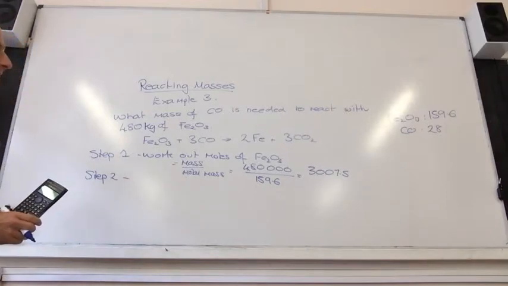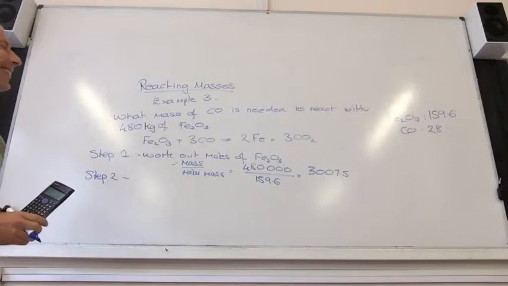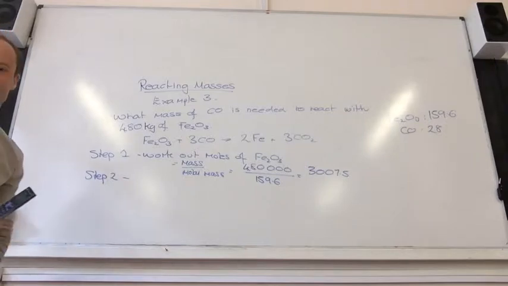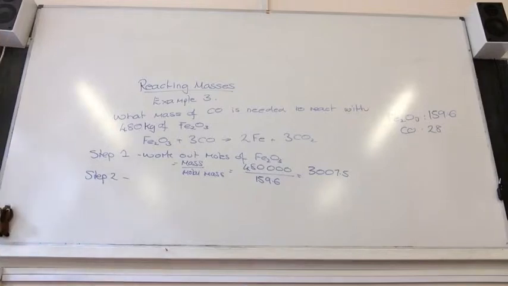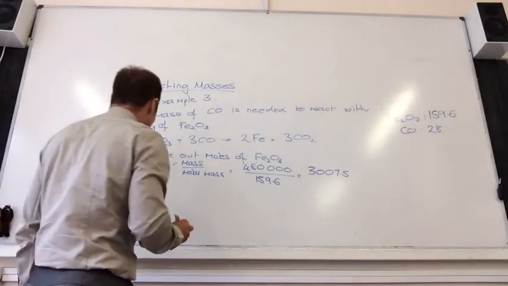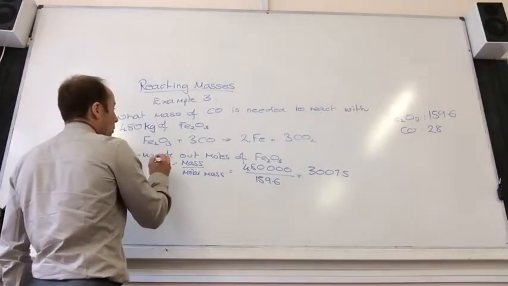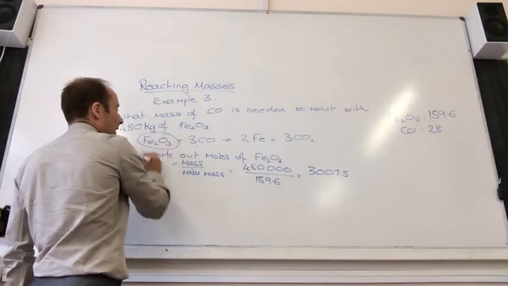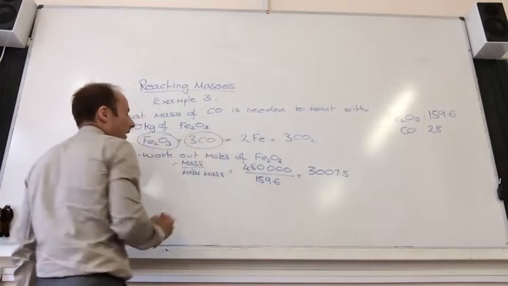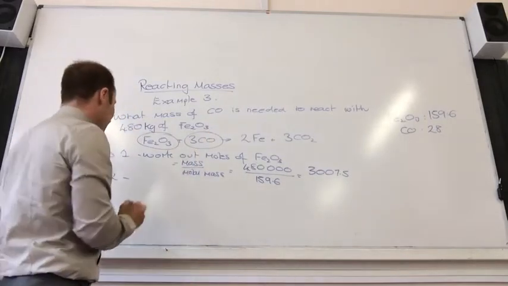That's fine. The thing I'm going to do is look at the equation and work out my mole ratio. So, the 2 things they're asking me about is iron oxide and carbon monoxide.